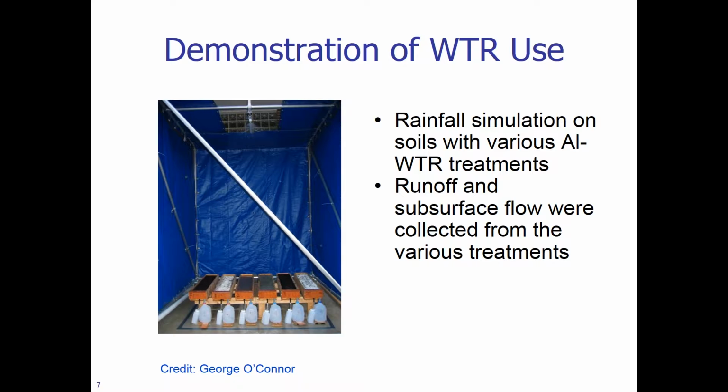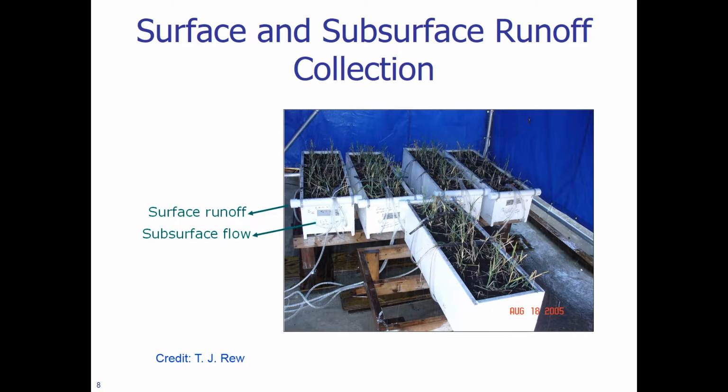We will now demonstrate the use of the water treatment residual. We will use the rainfall simulation technique as you have seen earlier. What we are looking at here is various aluminum water treatments, and details will be given in a little while. We can monitor both runoff and subsurface flow, and they can be collected from the various treatments.